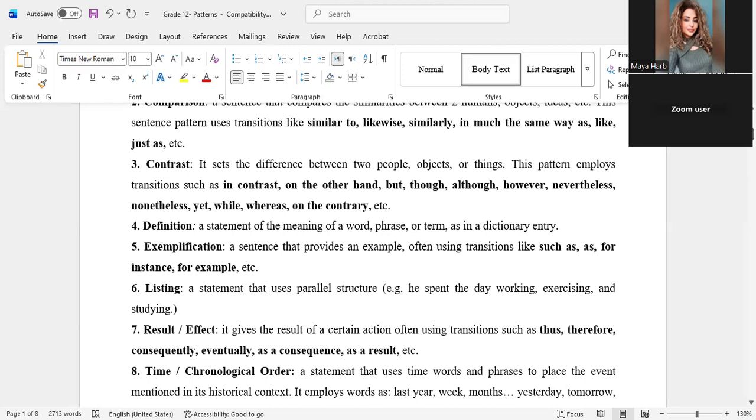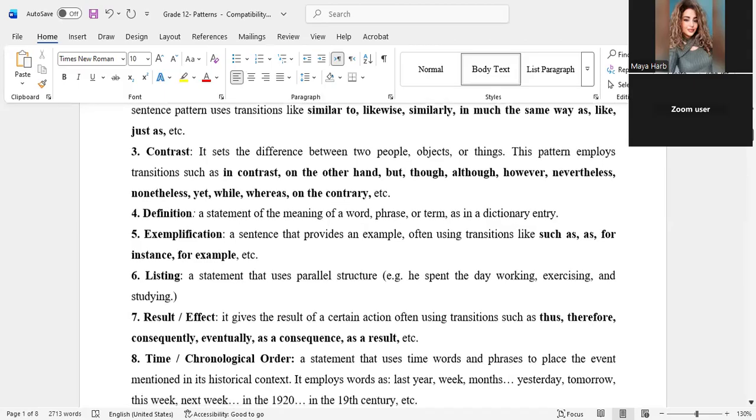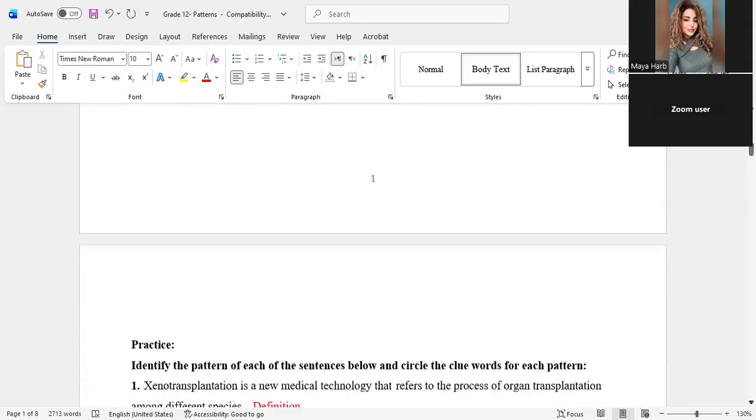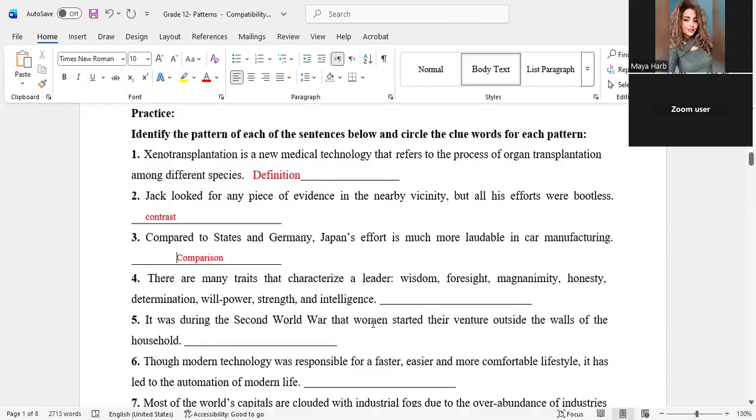Listing. Yes, we are listing. We have commas. We are listing the characteristics of a good leader. So, listing.